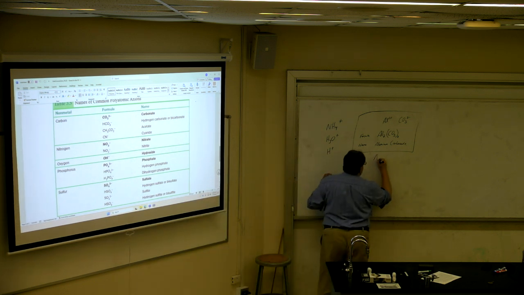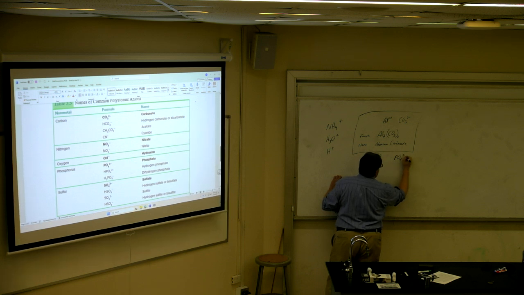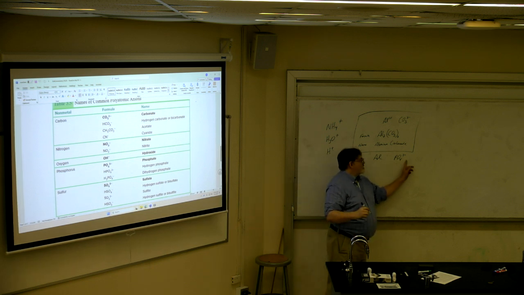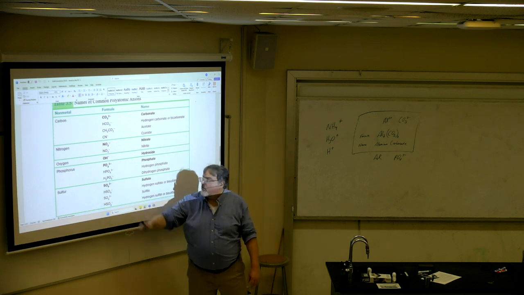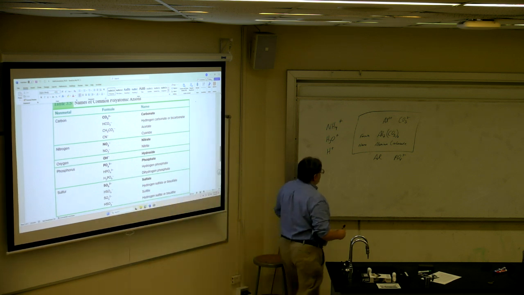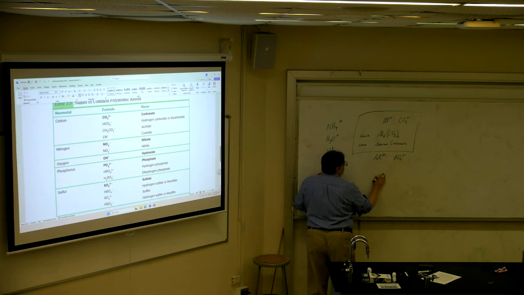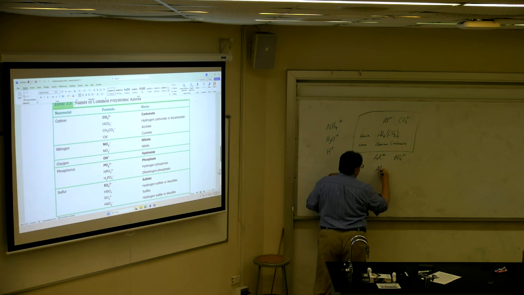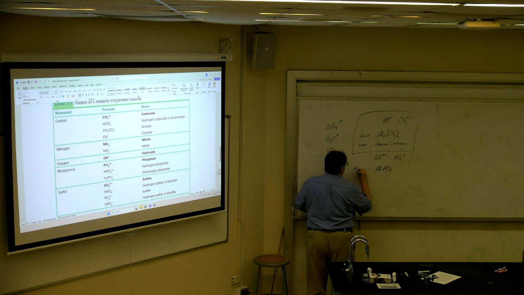So if I said I've got aluminum and phosphate, so you get the formula off this chart and the charge off this chart. PO4, 3 negative. Off the periodic table, you can get 3+, and you go, okay, they're already balanced like that, so I just need aluminum. That's the formula.